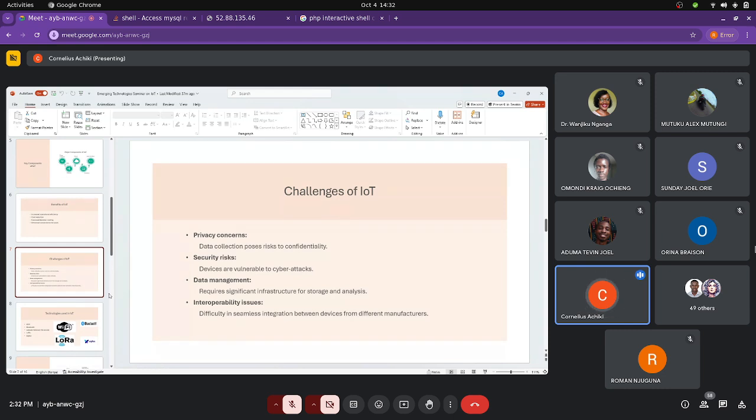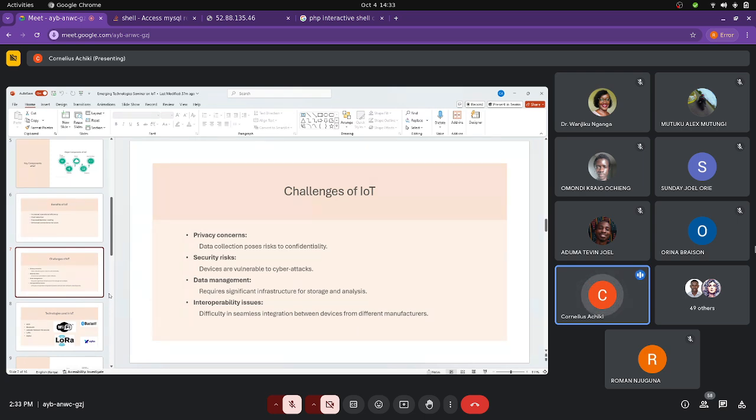So one of the risks that I have encountered personally is to do with privacy of data. This is because you do a system in an organization, and the thing that you're asked about is this data that we are collecting: who is able to access this data?